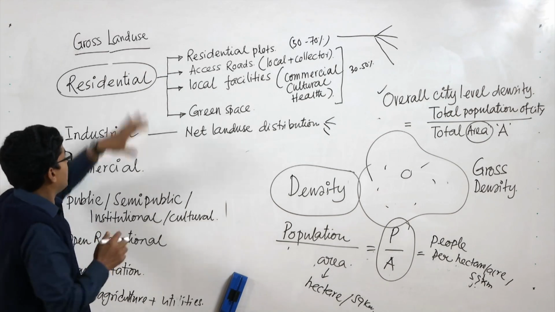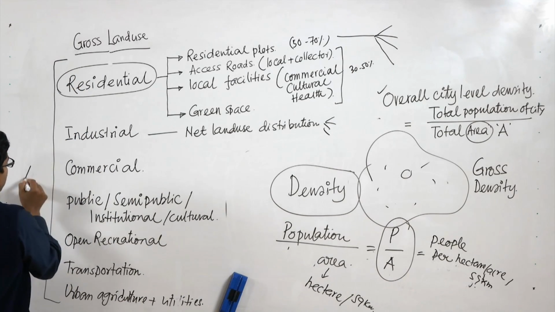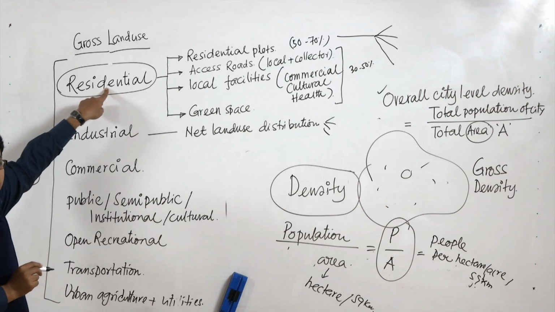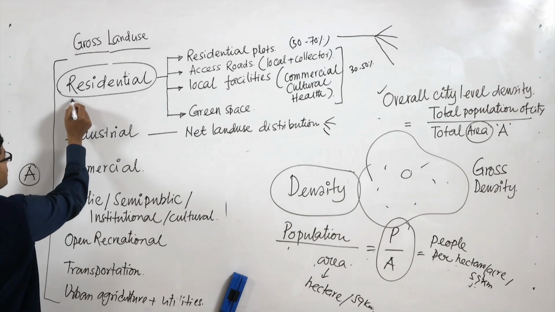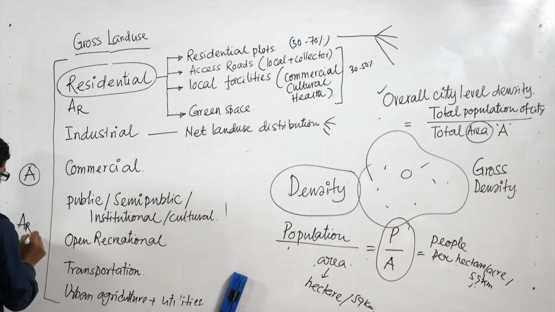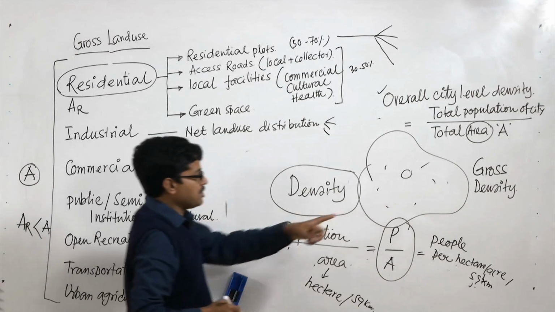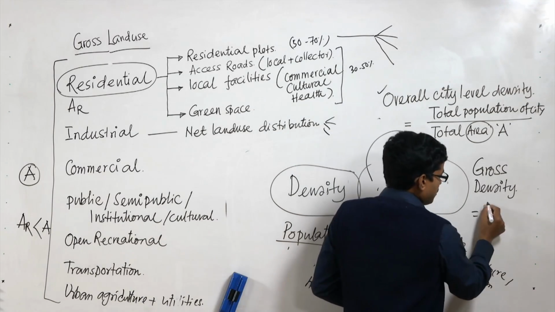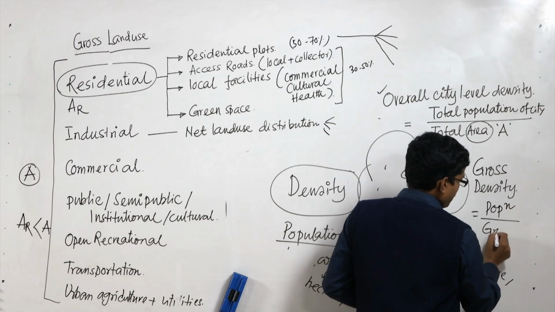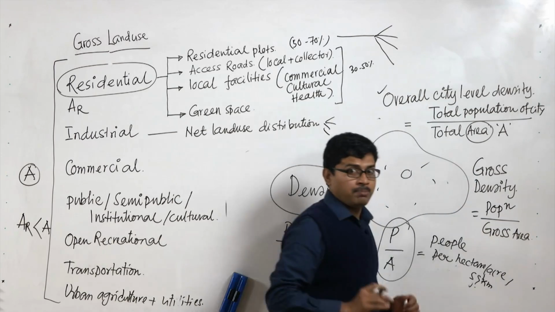So you can understand that if the total area is A, definitely the area given for the gross land use will be less. If we consider AR, that means AR is less than A. Therefore, gross density is the population divided by gross area of that particular land use.